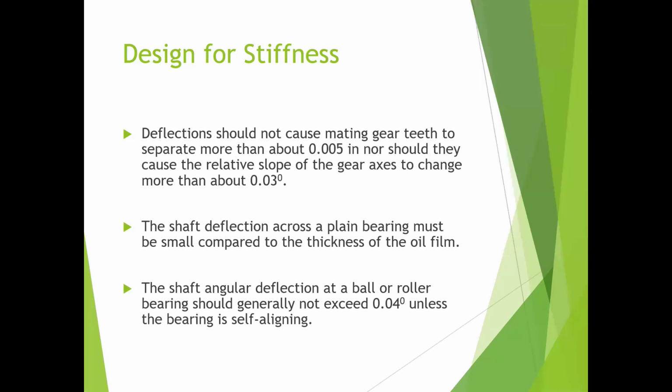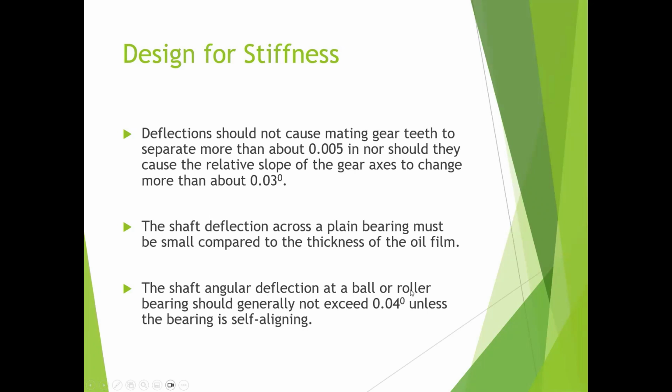We will talk about the bearing system later, but now we are talking about the shaft. The shaft angular deflection at a ball or roller bearing should generally not exceed 0.04 degree unless the bearing is self-aligning.